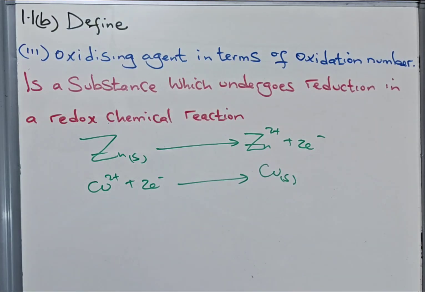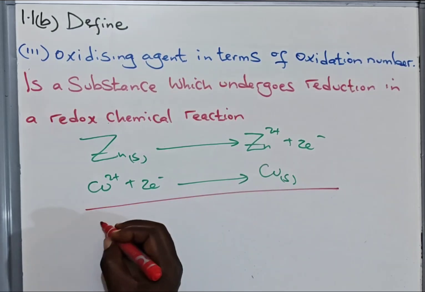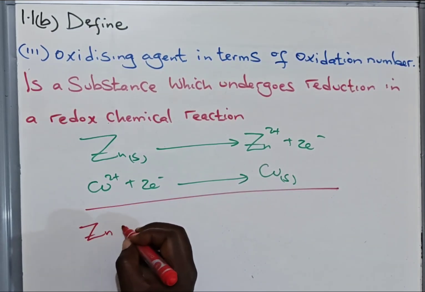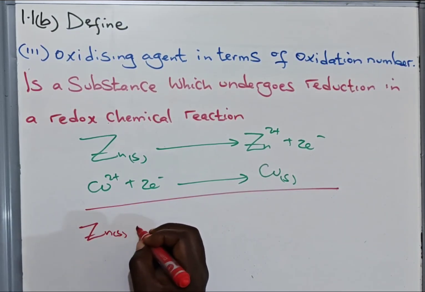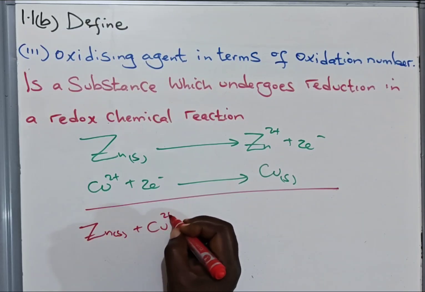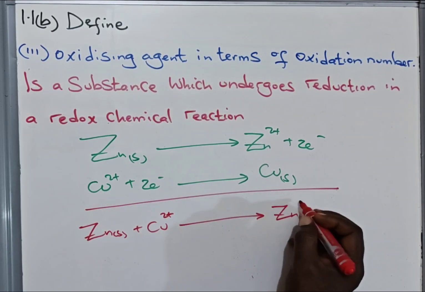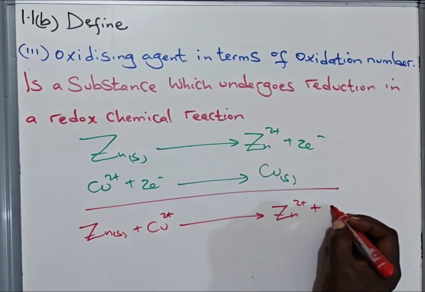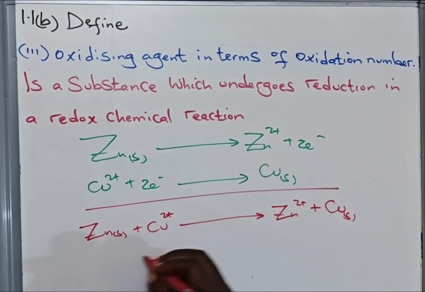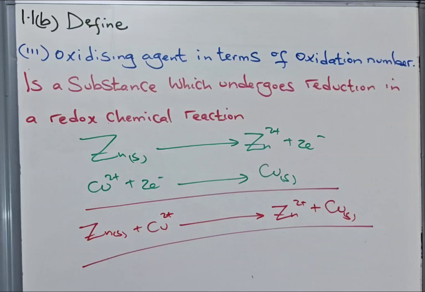The net reaction from here is going to be zinc solid plus copper 2 ions, giving us zinc ions plus copper solid.